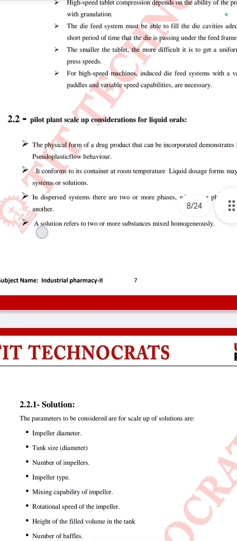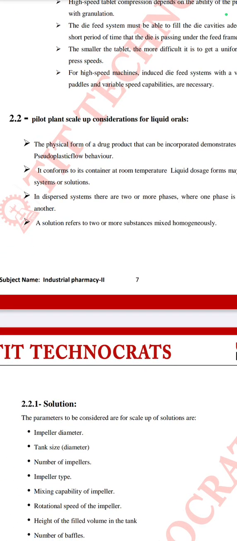Pilot plant scale up considerations for the liquid orals. Liquid orals, as we all know, mainly means liquid preparation or liquid medicine, or liquid dosage form that is administered in the body by oral route.